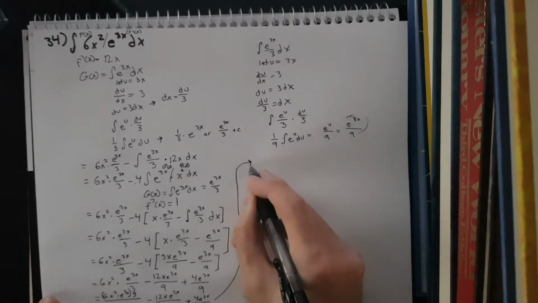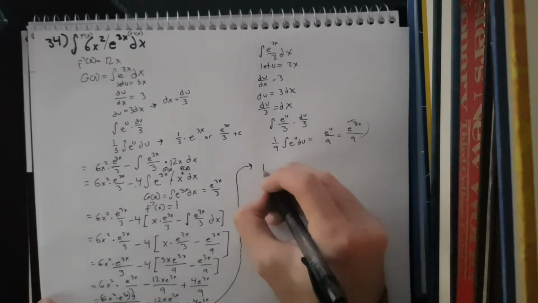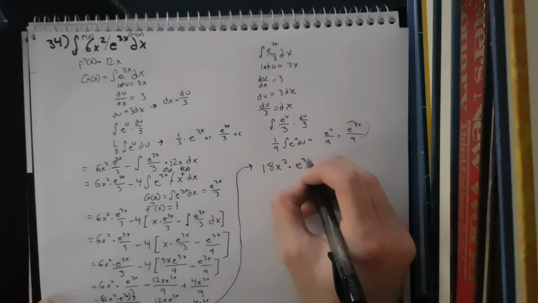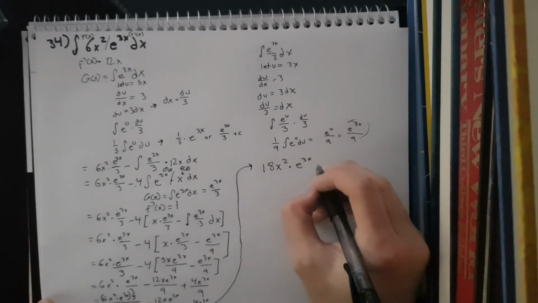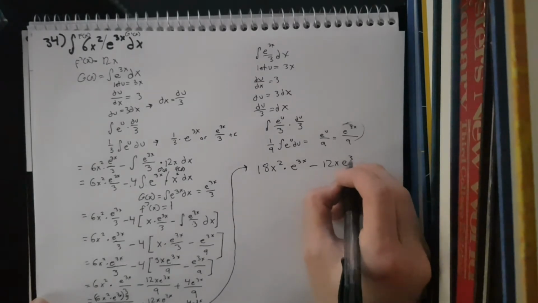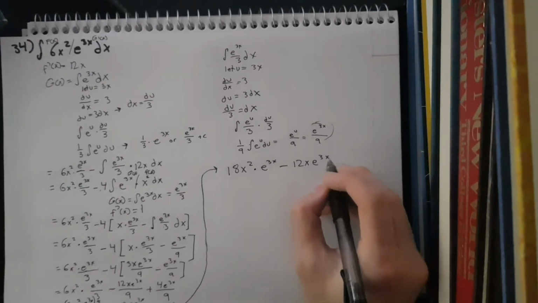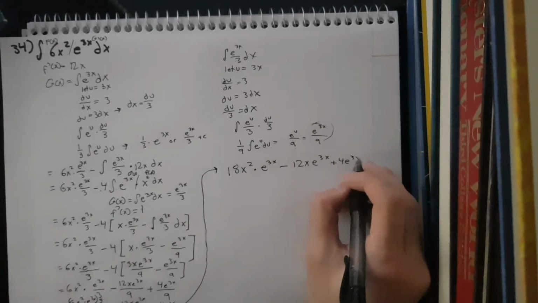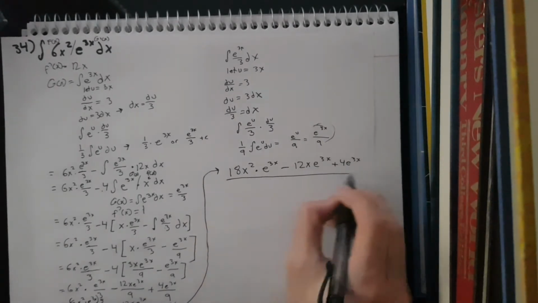We come here and rewrite it as 18x squared times e to the 3x minus 12x e to the 3x plus 4e to the 3x, and all of this is over 9.